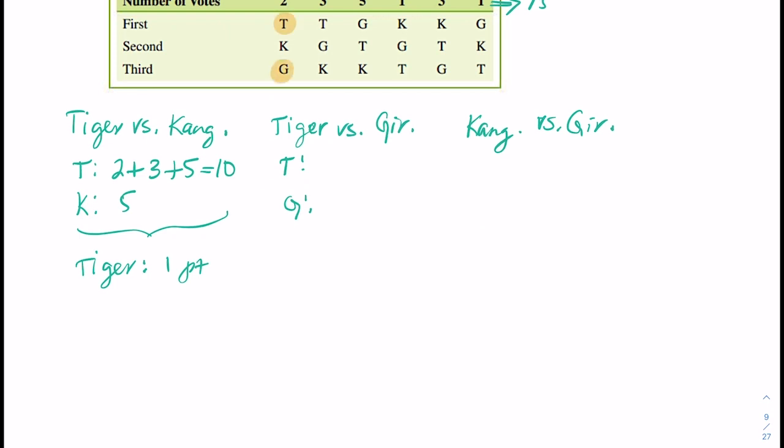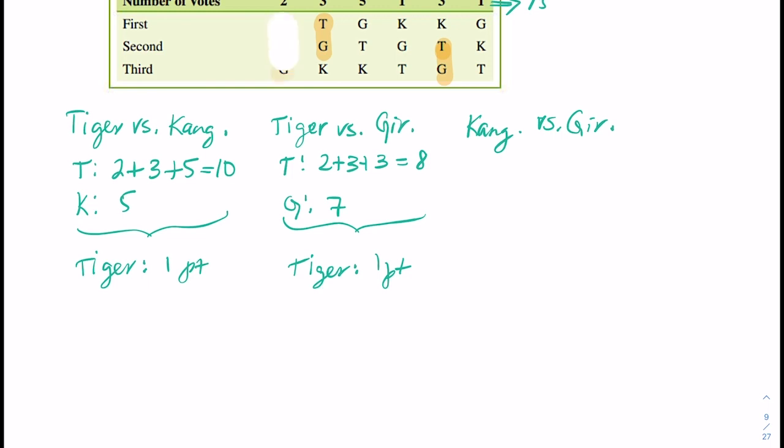Here's tiger, giraffe, here's tiger, giraffe, and here's tiger, giraffe. So those columns would be 2 plus 3 plus 3, and that gives me 8. And then 15 minus 8 is 7. Again, the tiger had the most points, so the tiger is awarded 1 point.